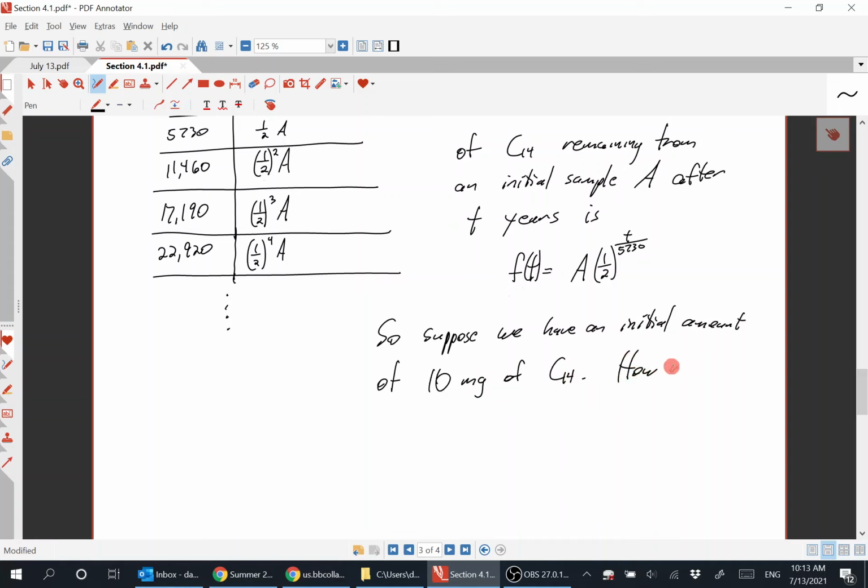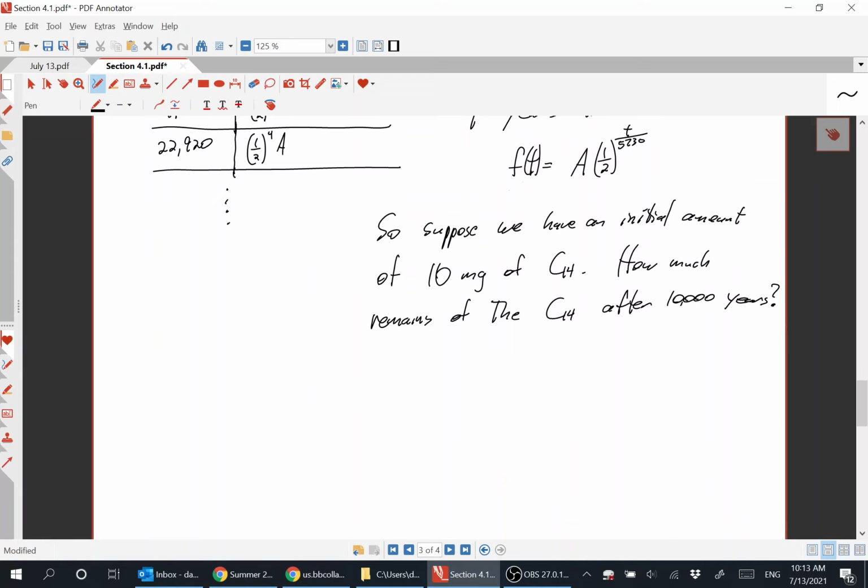How much of the C14 remains after 10,000 years? Right, so starting with the function, that's going to be 10 milligrams times 1/2 to the T divided by 5,730.